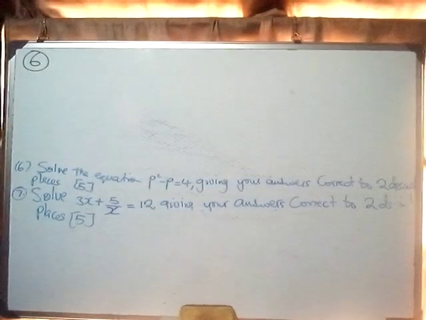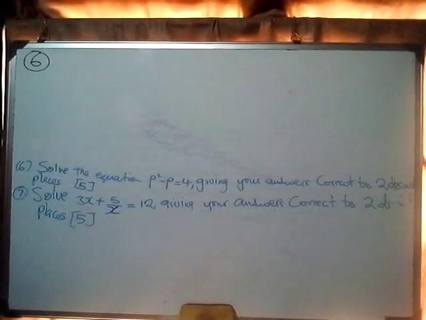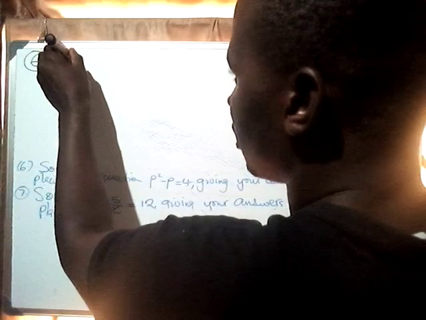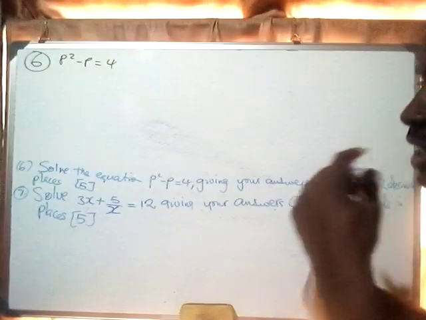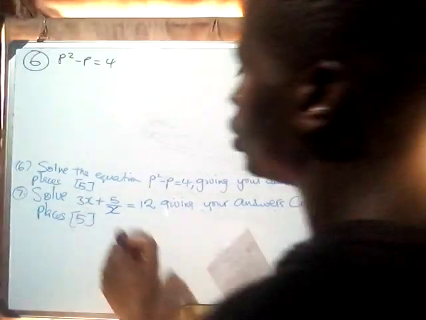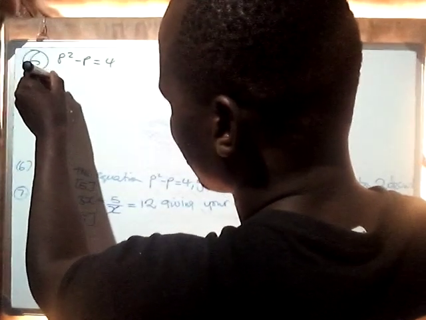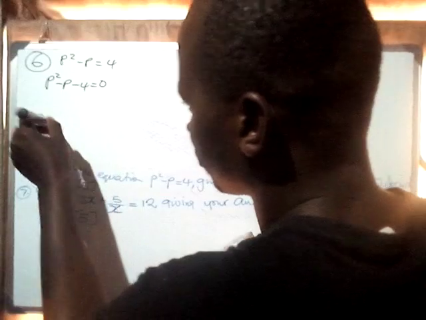Question number 6 says, solve the equation p squared minus p is equal to 4. As usual, we are leaving our answer to 2 decimal places. So we have to rearrange this by saying p squared minus p minus 4 is equal to 0.